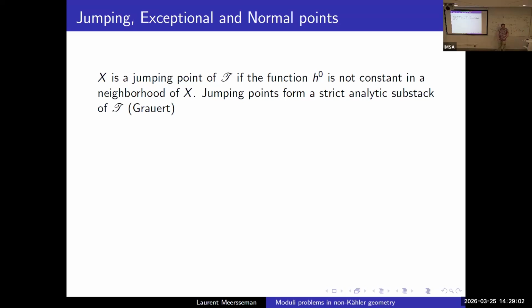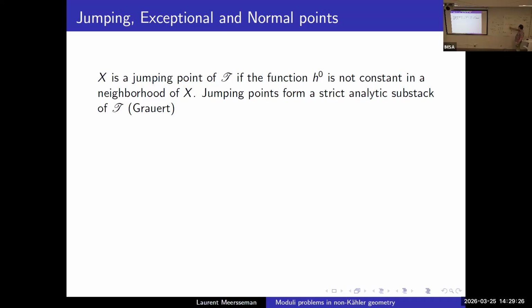So in other words, they are bad points, because we already saw that in that situation, at a jumping point, the Kuranishi space has this nasty property that the same complex manifold is encoded in a positive dimensional subspace. So here it's a dramatic one.